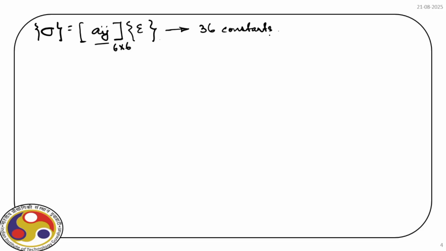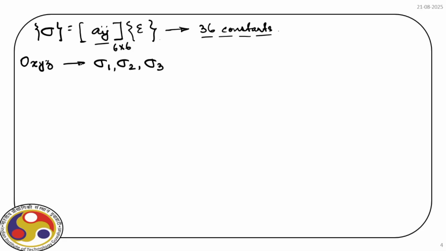Now, we'll see as we progress in this course how this assumption of isotropy helps us to reduce this number of constants. Now, let us assume the x, y, z coordinate axes OXYZ coincide with sigma 1, sigma 2 and sigma 3.